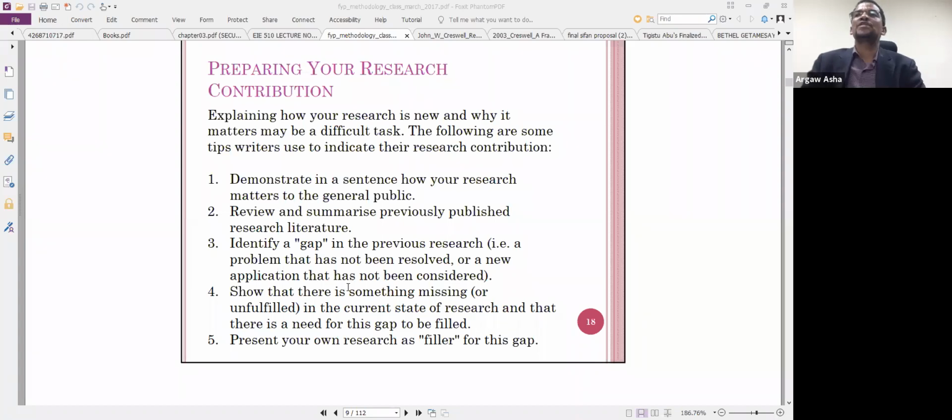Then coming to the research contributions, a research may be new research, or some researches are modified research, as an example.